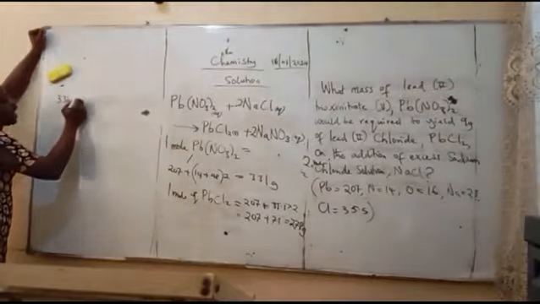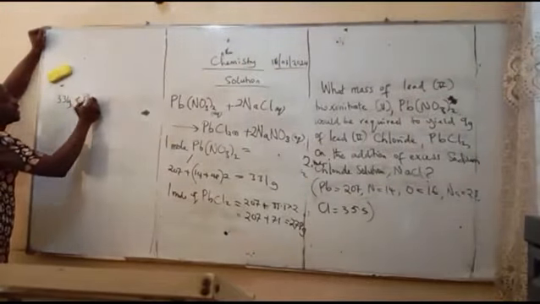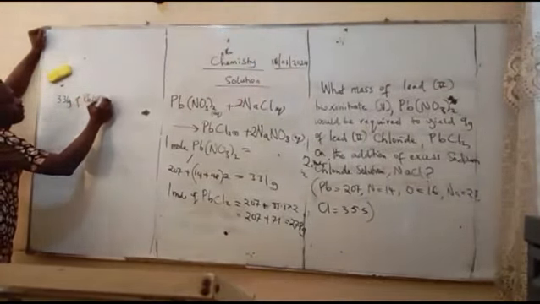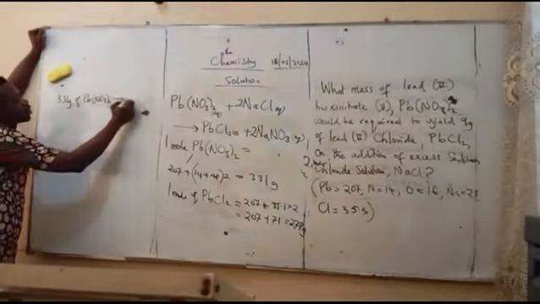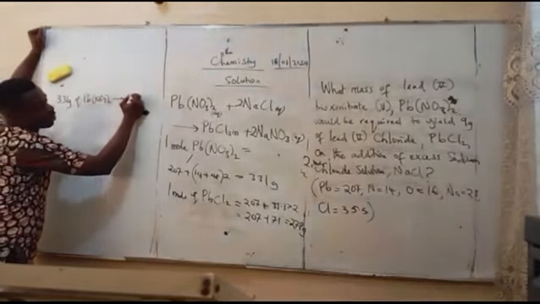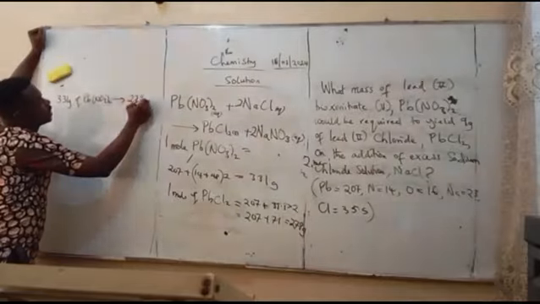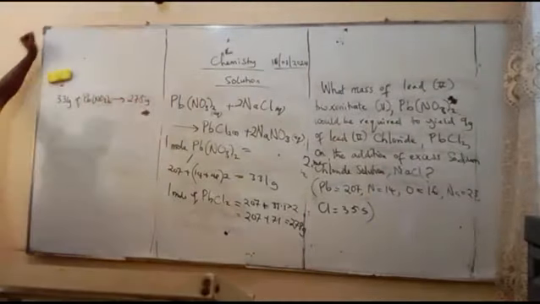331 gram of lead nitrate yields 278 gram of lead chloride.